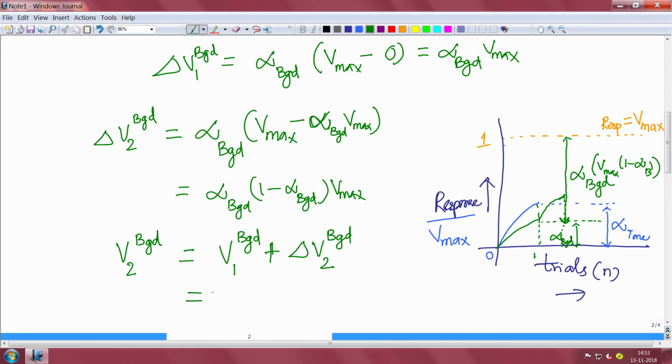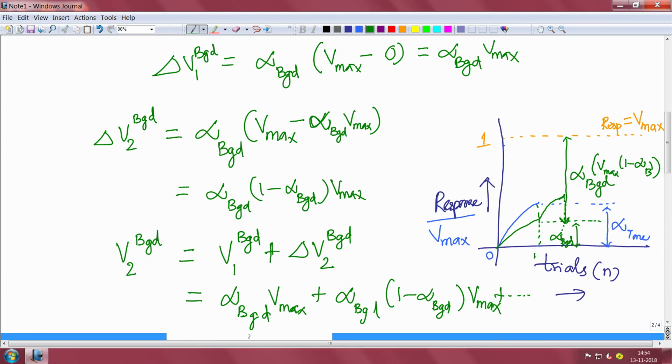So, the response here would be the V1 BGD, we found it to be alpha BGD times Vmax, plus here we have alpha BGD times 1 minus alpha BGD times Vmax, and if there is a third instance, one can actually go ahead and write it down, and so forth, all right.